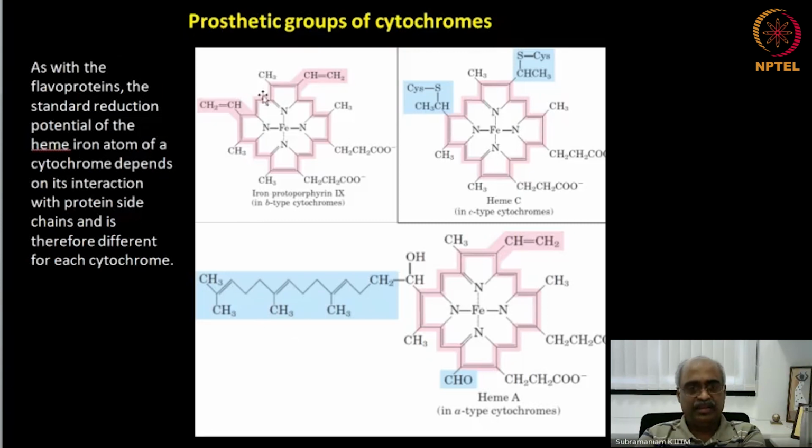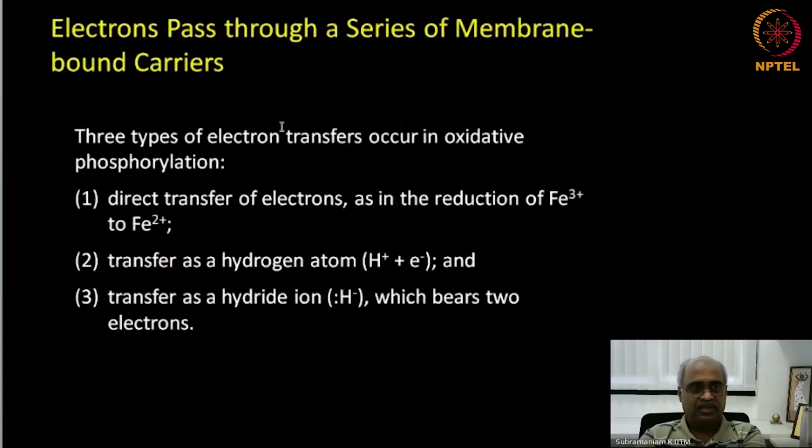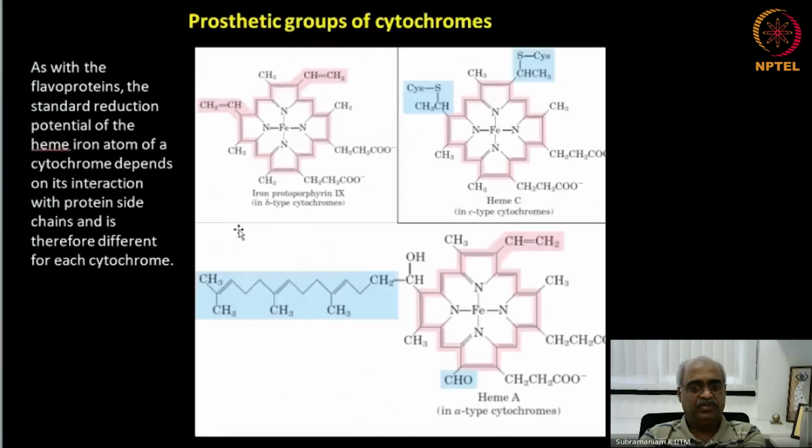The main point is that in all of them, the nitrogen atoms of the porphyrin ring structure coordinate an ion, Fe, and that is the one that is going to be oxidized and reduced. This is what we meant earlier: direct electron transfer from ferric to ferrous happens in these heme moieties in cytochromes.